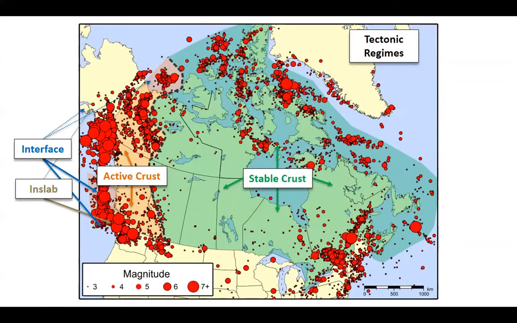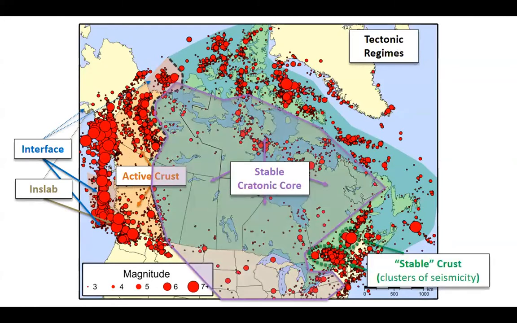But we can subdivide this a little bit further, and this is what we do in our hazard model: we have what we call the stable cratonic core, and then we have the stable crust with clusters of seismicity. This is important because in our hazard model, even though in central Canada we don't have many earthquakes, there's still the capacity to have, albeit very rare, events. So one of the projects as part of the National Seismic Hazard Assessment is to try and quantify what the hazard is in these very low hazard regions.